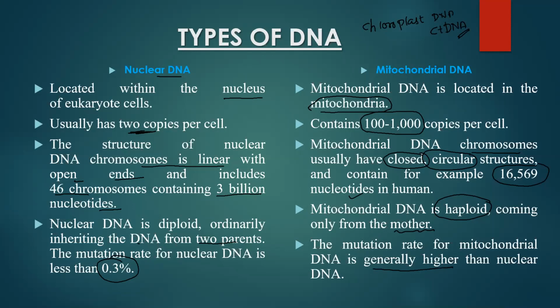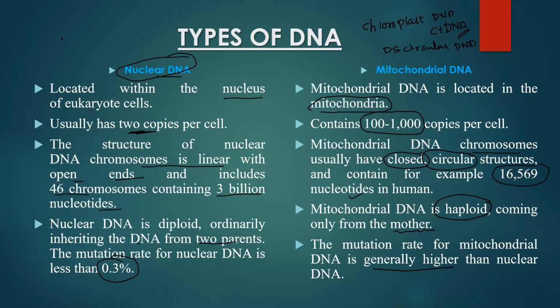Like mitochondria, the chloroplast also possesses double-stranded circular DNA. It is represented by several copies that lie in the matrix, and the functioning of the ctDNA is controlled by the nuclear DNA.